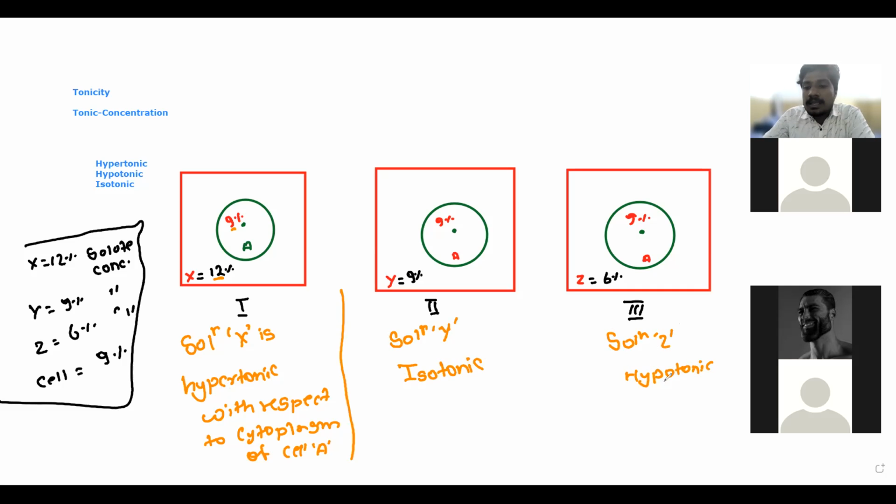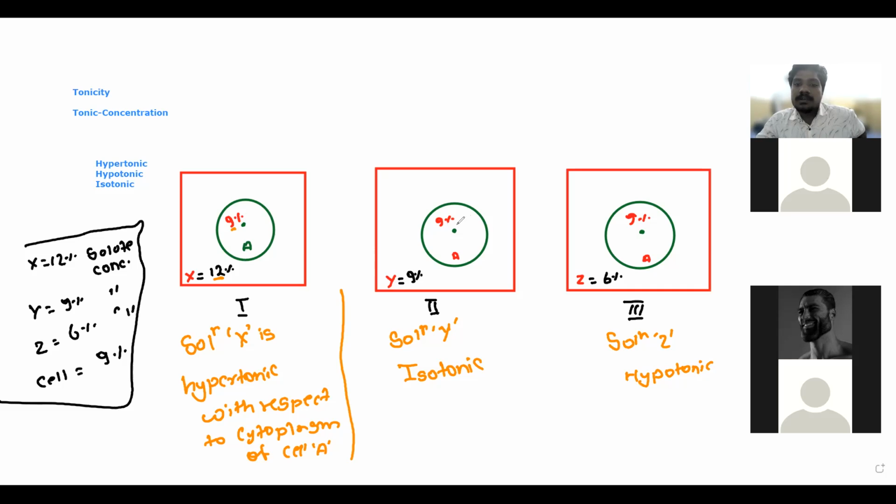So basically we can have different kinds of solution: hypertonic solution, hypotonic solution, and isotonic solution. But remember one thing, this particular solution is isotonic to this cell only.